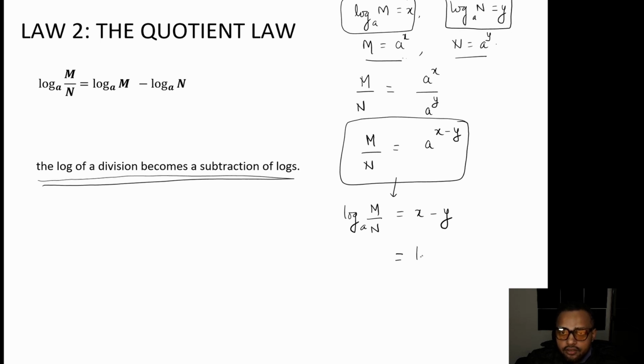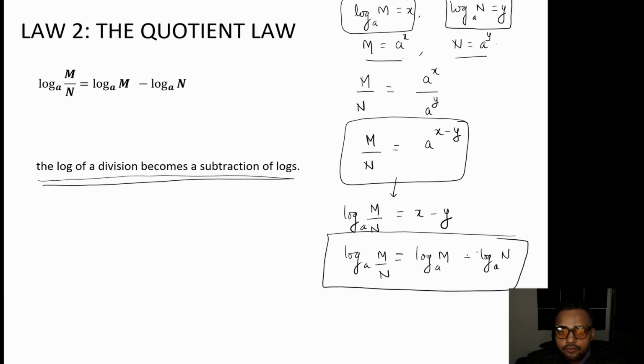So we can write directly log of m base a minus log of n base a. We have proved the quotient law, which states that the log of a division becomes the subtraction of logs.